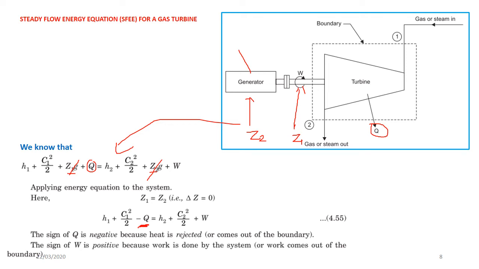So H1 plus C1 square by 2 minus Q is equivalent to H2, the enthalpy, plus C2 square by 2, plus the work done by the system.